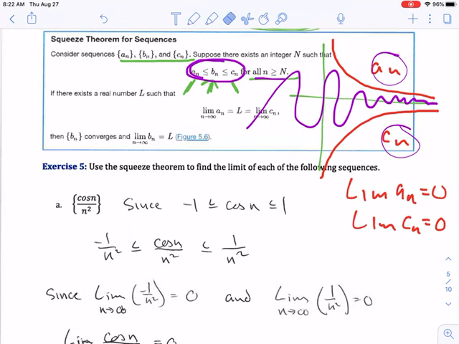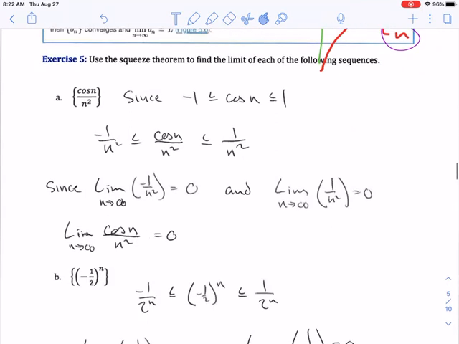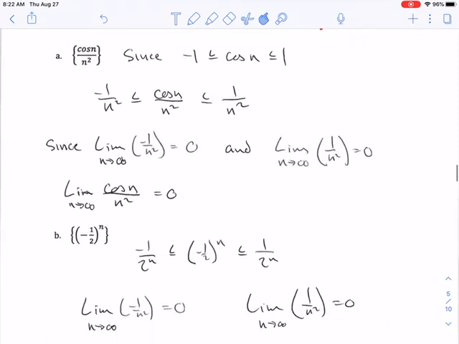Okay, so let's look at two quick examples. And again, a more detailed analysis of this can always be found in the textbook. So here is our sequence, and the numerator is the cosine function. Well, what we know about the cosine function is that the cosine is always between -1 and 1. All right?